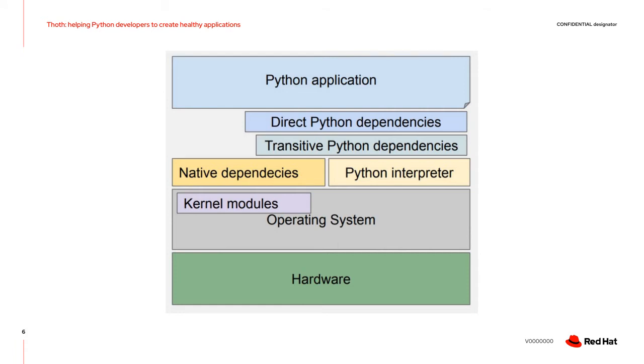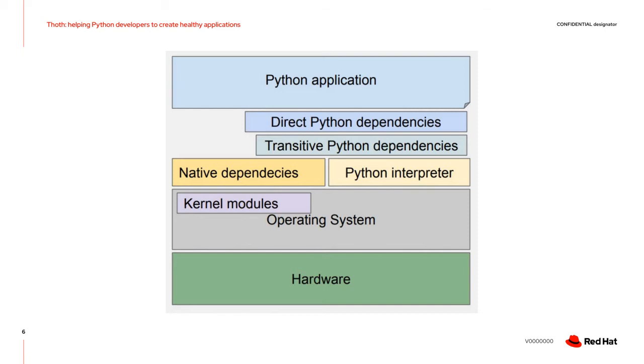Any issue in any layer of the stack causes the application to misbehave, produce wrong results, or simply not start at all. So we need to make sure that all the layers fit together and provide the right environment for running our application.